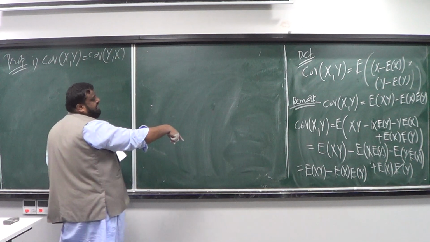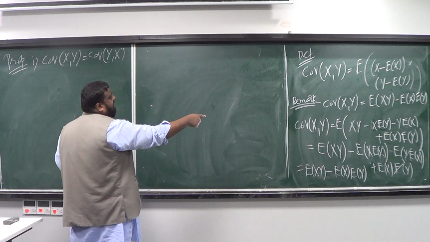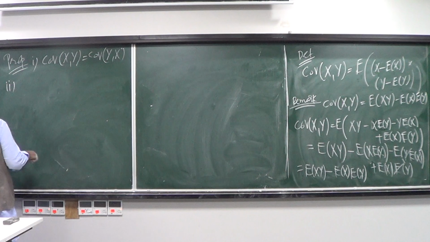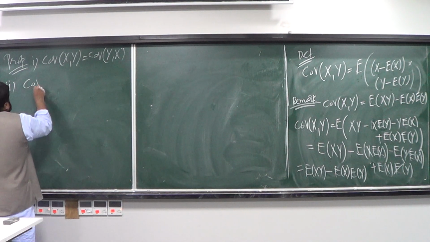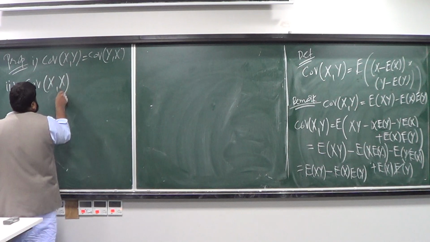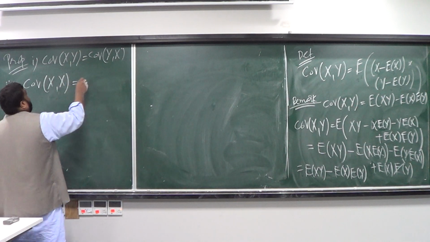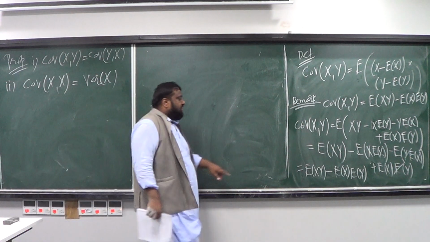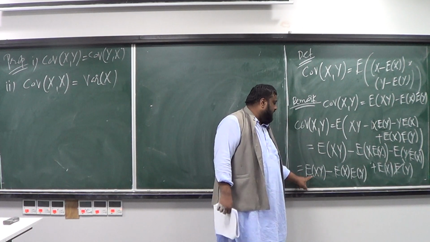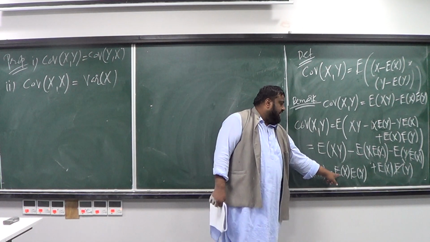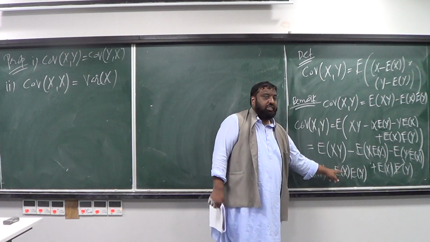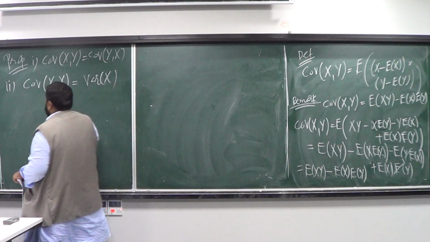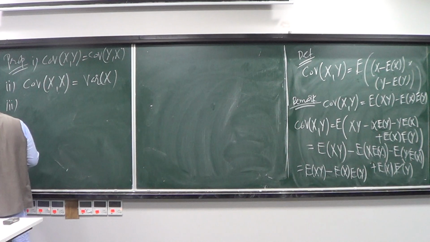If in the place of x you substitute y, and in the place of y you substitute x, you still get the same expression. The second thing is that the covariance of x with itself should give you the variance of x, which is true. In the place of y, if you substitute x again, this becomes expectation of x square minus expectation of x whole square, which is the definition of the variance of x.